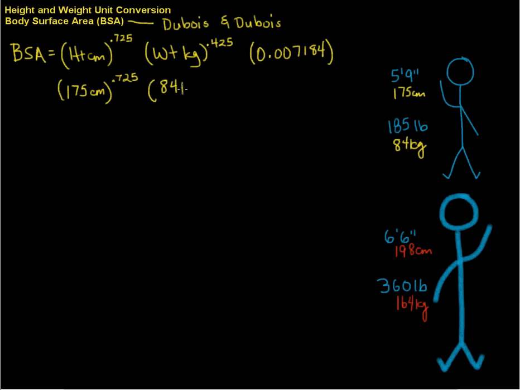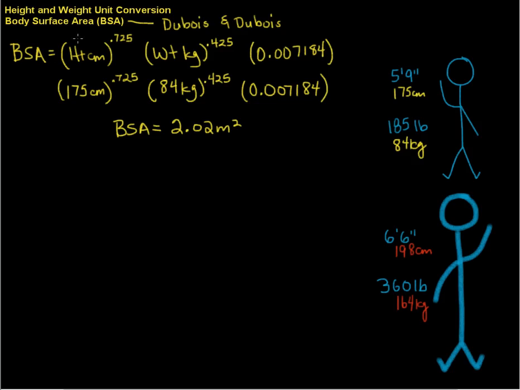So 84 kilograms to the power of 0.425 times our conversion coefficient of 0.007184. So break out your calculators and do that math, and you'll get a body surface area that is equal to 2.02 meters squared. So that's the body surface area for the first person.